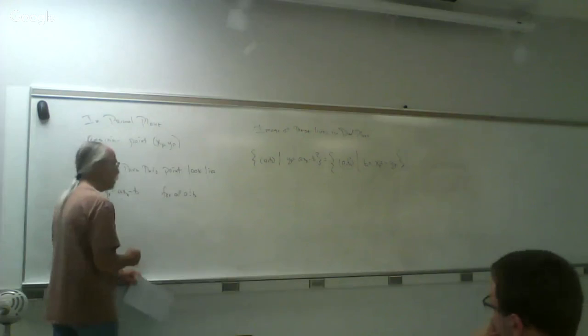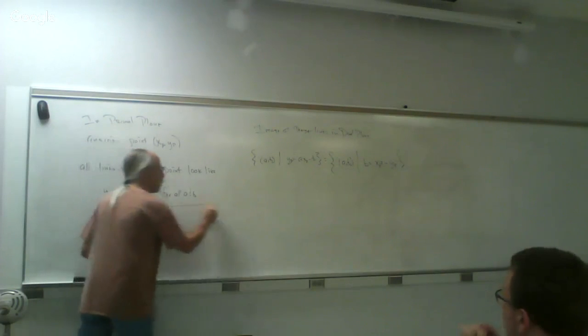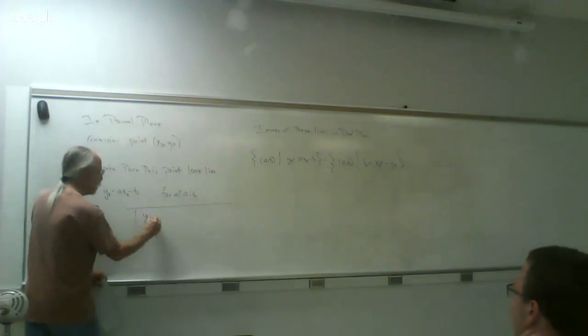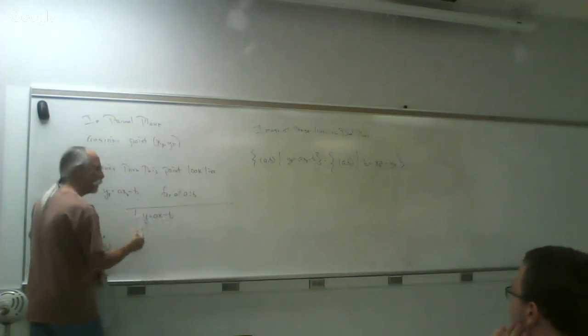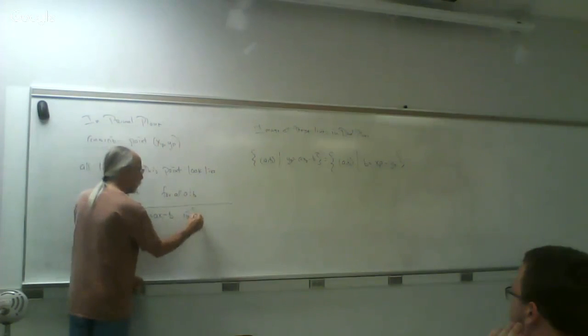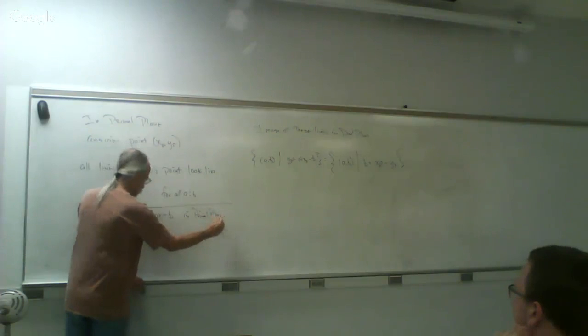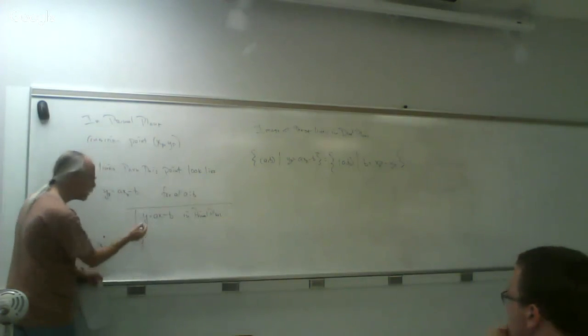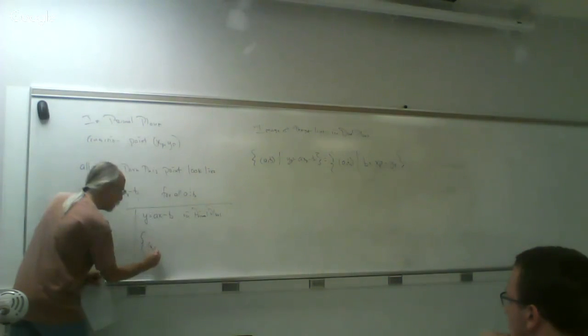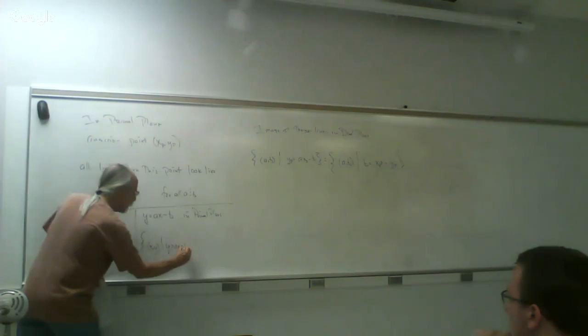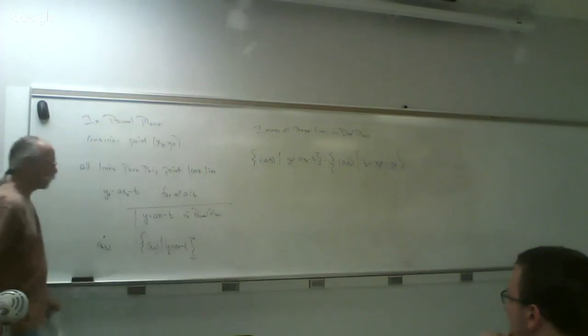So if I go back to what I had originally written up here on the board, if I write y equals ax minus b as a line in the primal plane, what I had originally written down was the set of all xy's such that y equals ax minus b in the primal plane.